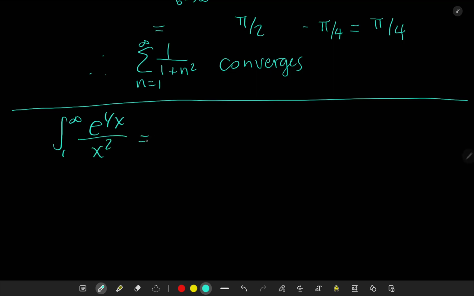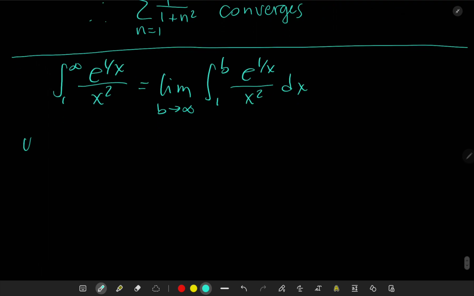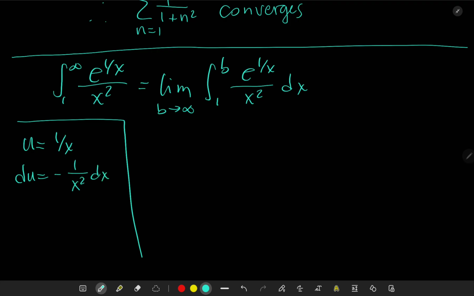As I said in the Zoom session, this is the limit as b goes to infinity of the integral from 1 to b of e to the 1 over x squared dx. So here we're going to do our u substitution. u equals 1 over x. That's going to give us du, which is going to be negative 1 over x squared dx.